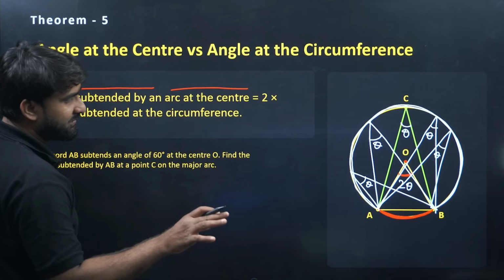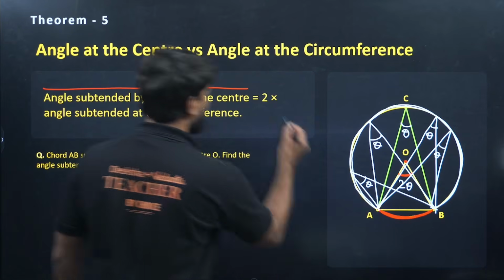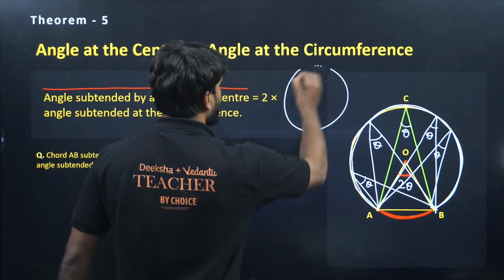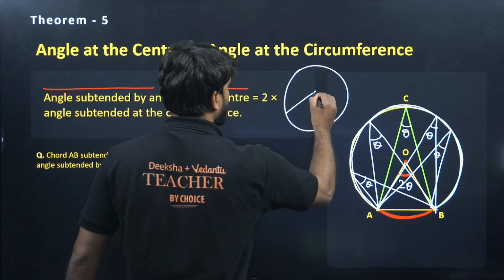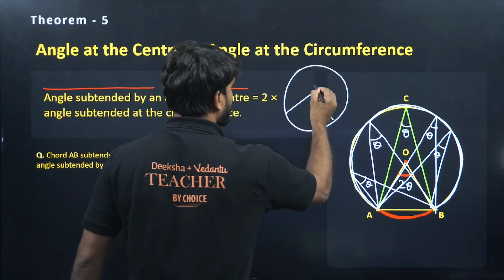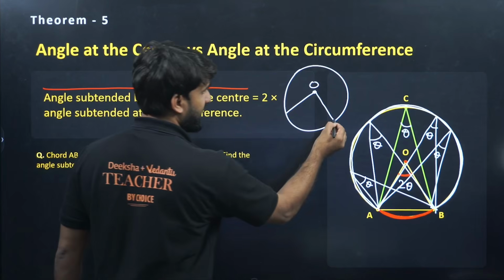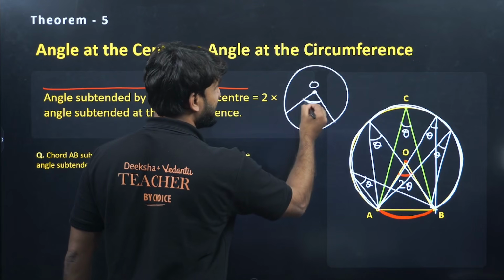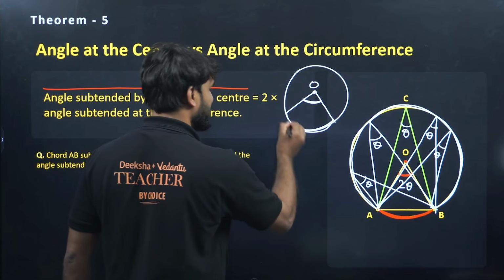Clear everyone? So just imagine, I have a triangle here, and this is the center O. This angle is basically made by this arc.